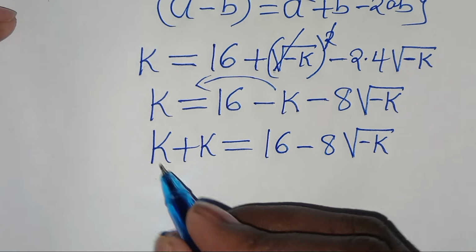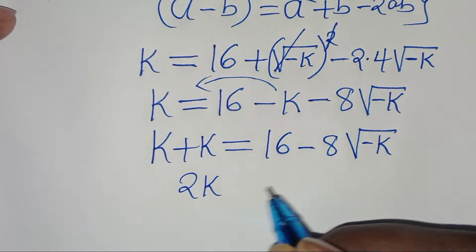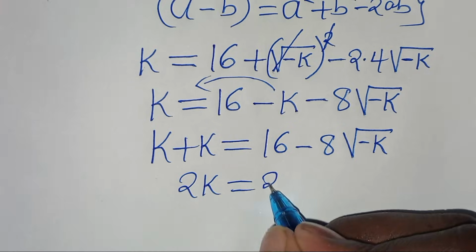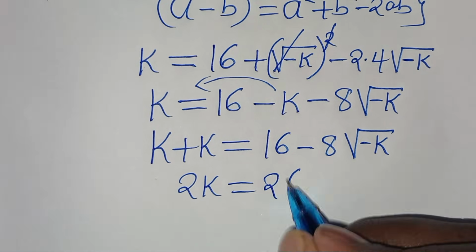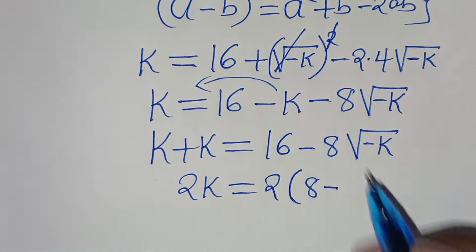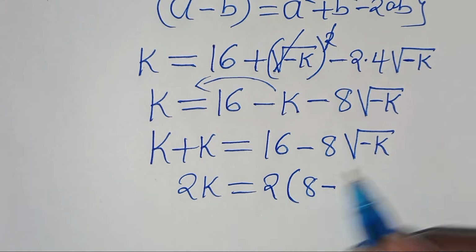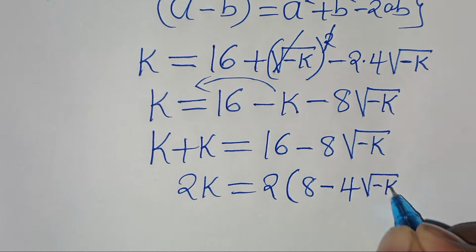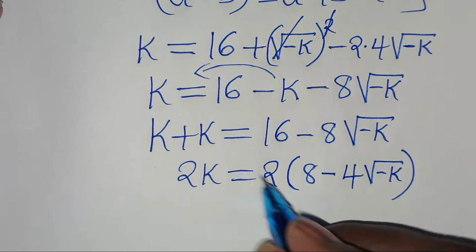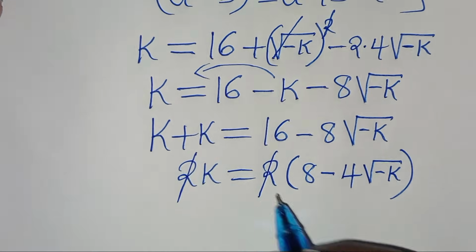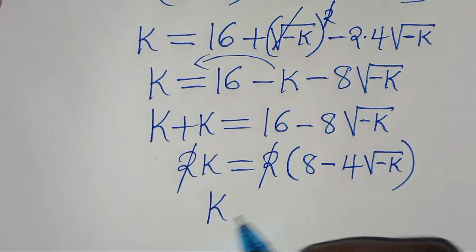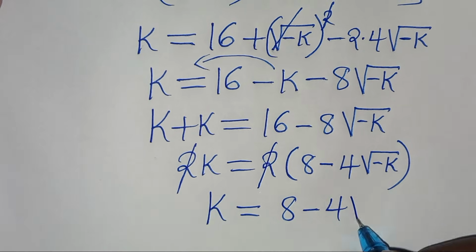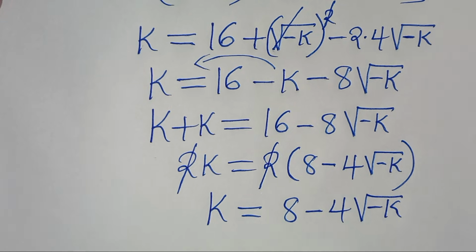So we have 2k, which is equal to, now we can factor out 2 here. 16 divided by 2, this is 8, minus 8 square root of negative k divided by 2. This is minus 4 square root of negative k. So let's simplify here, 2 and 2, so that now k is equal to 8 minus 4 square root of negative k.